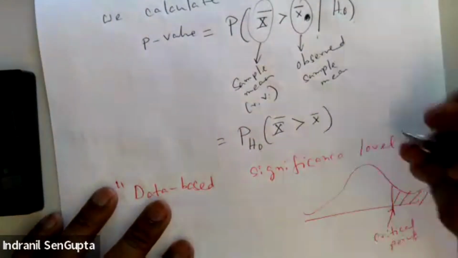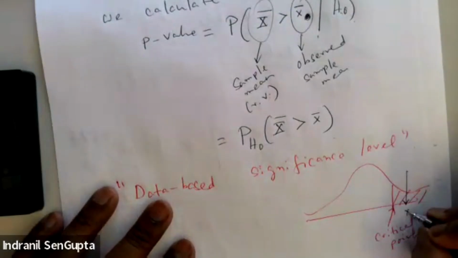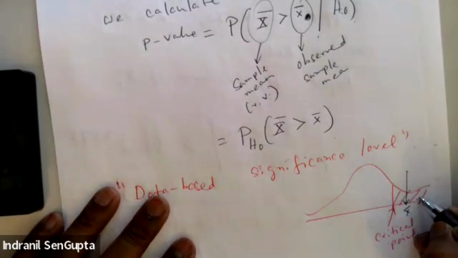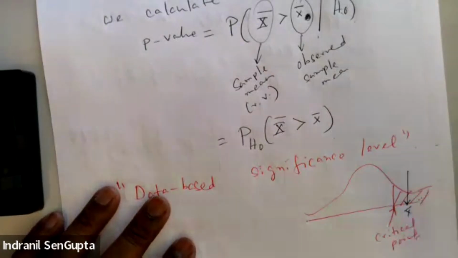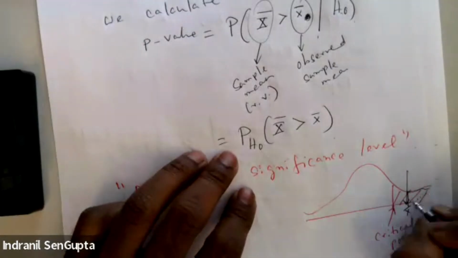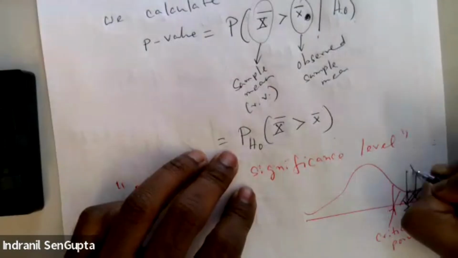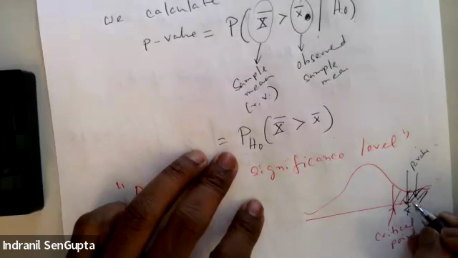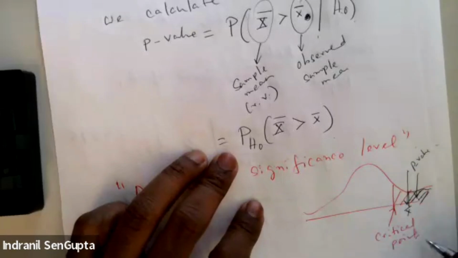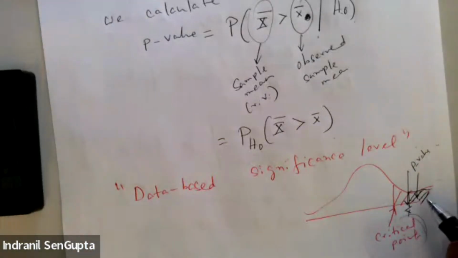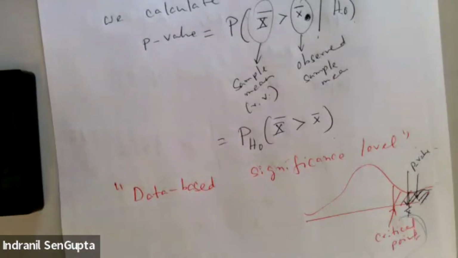If your X bar happens to fall here, then you can reject the null hypothesis. So what does it mean? The p-value in this case would be this. If your observed X bar is here, then the p-value will be here. If your critical point was here, then of course the p-value is less than the significance level, and in that case we can reject the hypothesis.